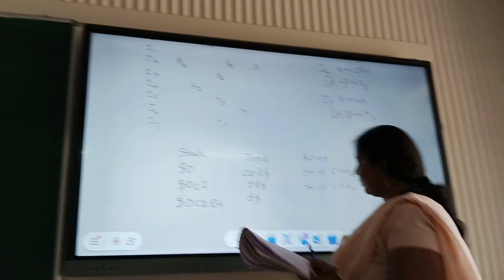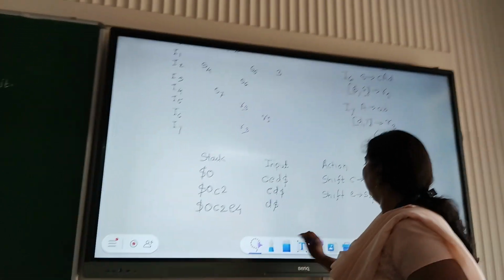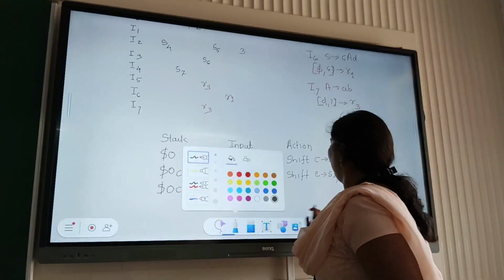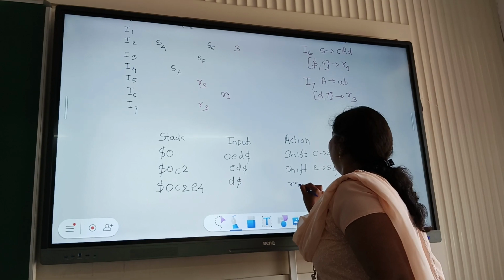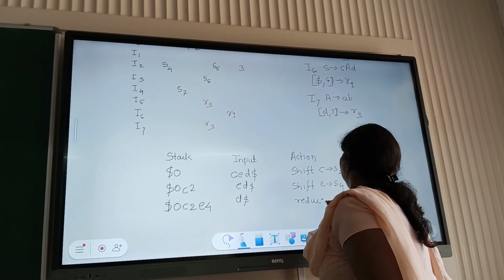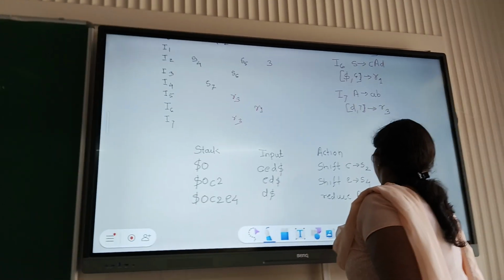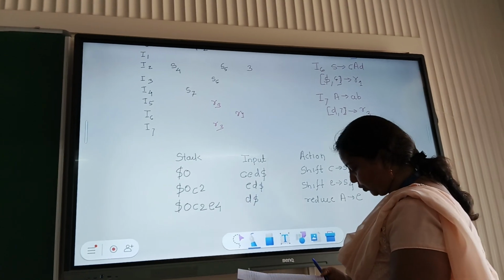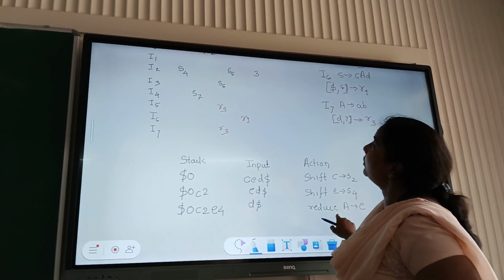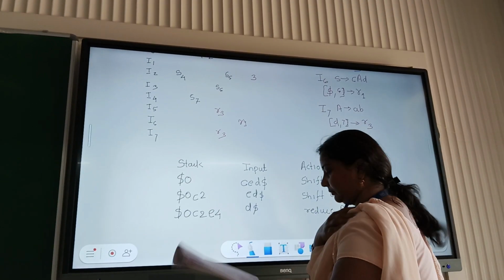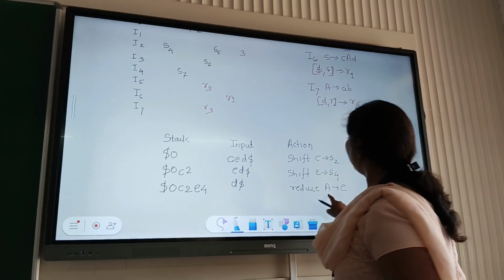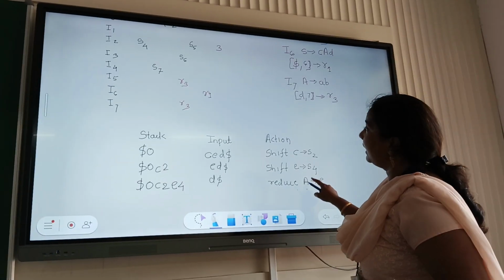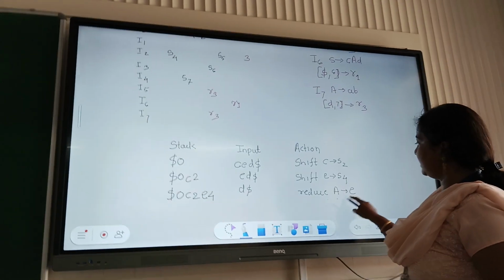So reduce A to E. How is this calculated? Reduce in R3, which equation is there?